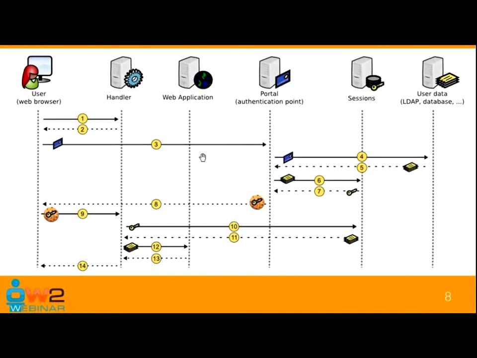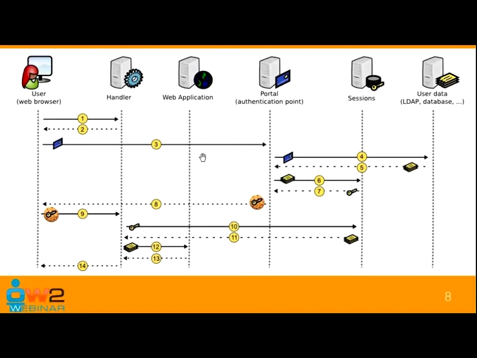If we take a big topic, you can see here all the kinematic of the single sign-on protocol. So you see that at the first step we try to access a web application, but the handler intercepts the request and redirects to the portal, so we can authenticate.